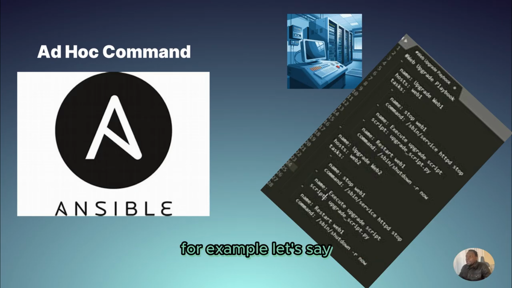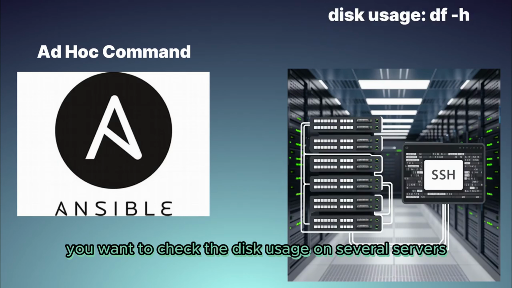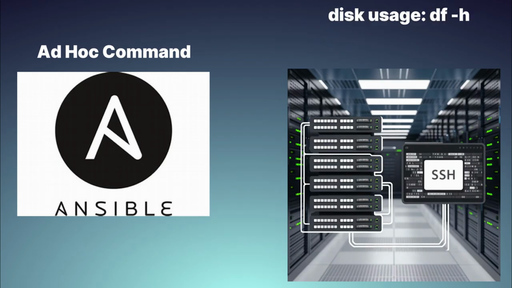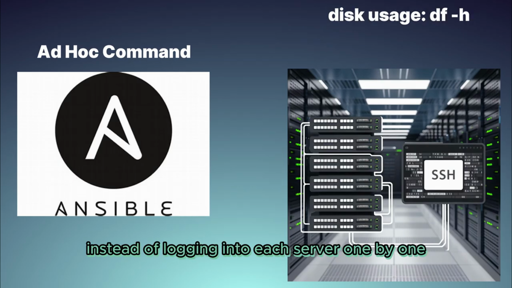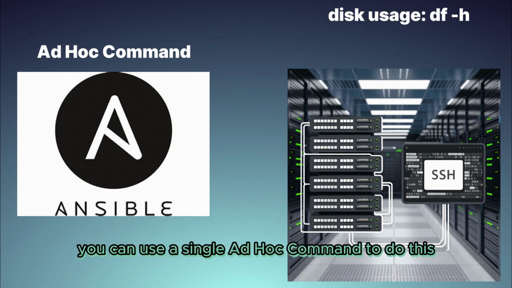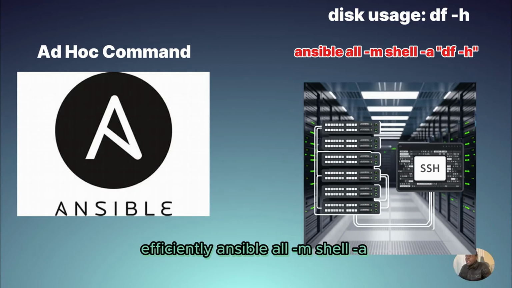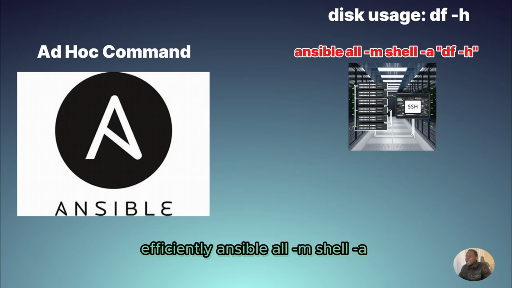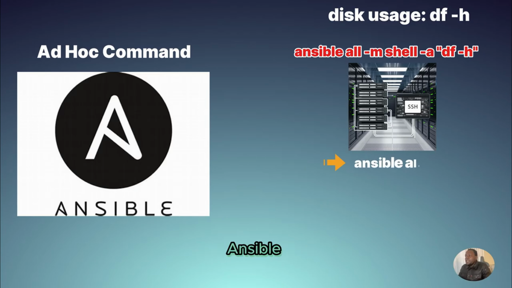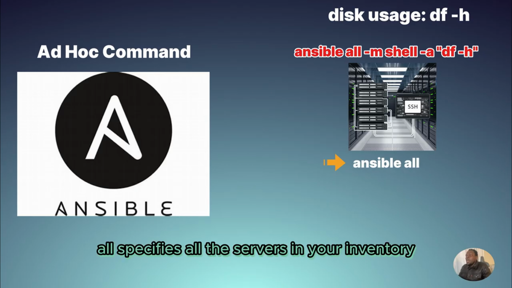For example, let's say you want to check the disk usage on several servers. Instead of logging into each server one by one, you can use a single ad-hoc command to do this efficiently: ansible all -m shell -a "df -h". Here, ansible all specifies all the servers in your inventory.